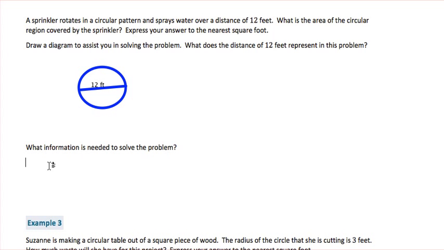And we'll make a little notation here. Radius equals 6. And then, to find the area, we would square 6, and multiply times pi, which we'll use as 3.14. So this is 36 times 3.14.